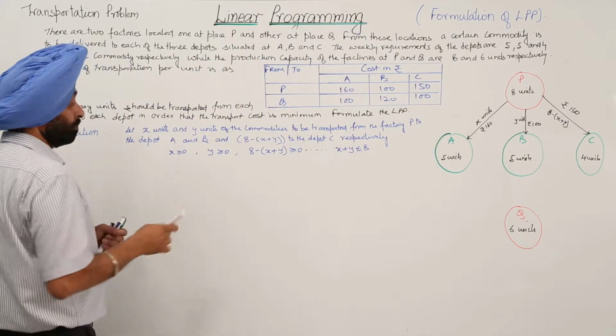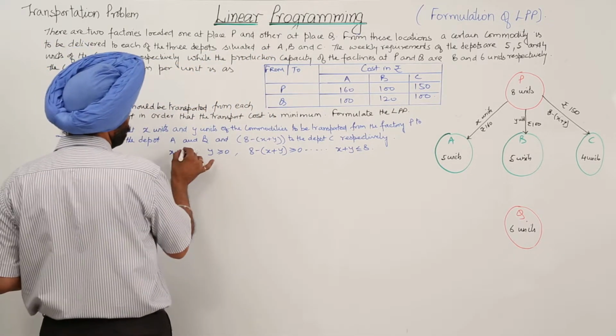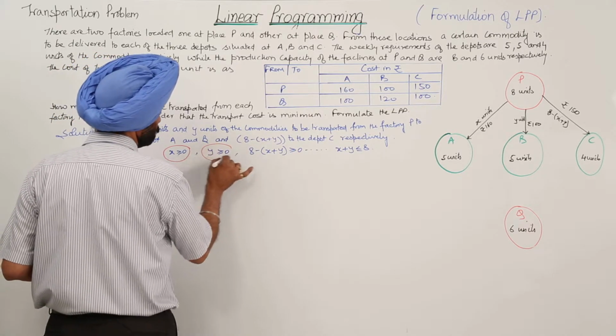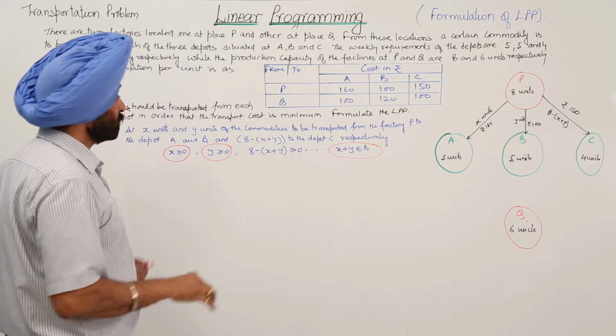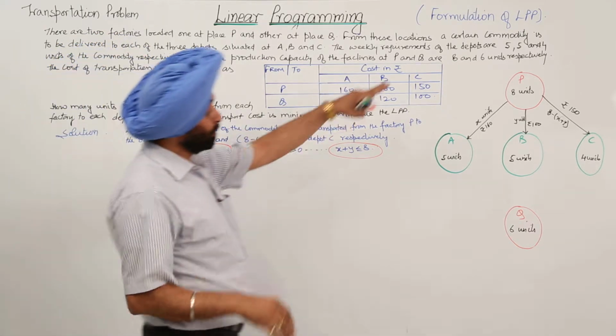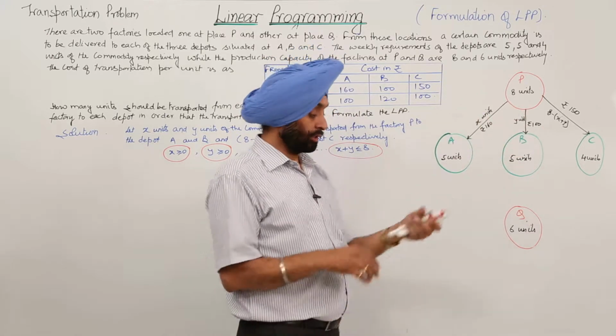So we have 3 equations here. Is it clear? So these were from P to A, B and C.